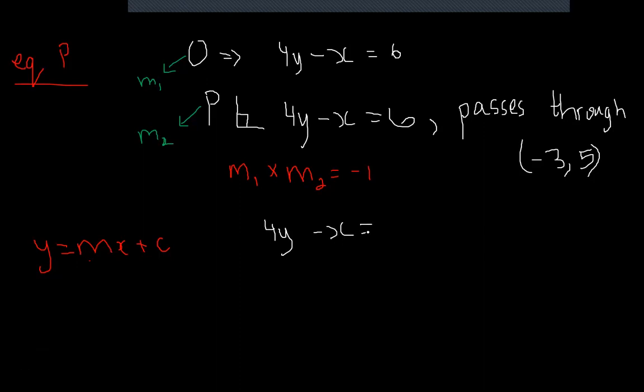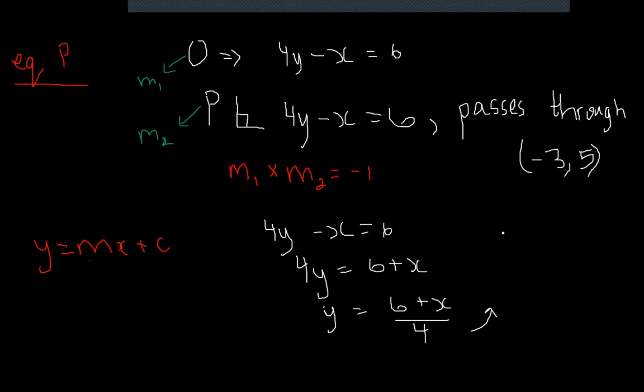4y minus x is equal to 6. So that means that for 4y, we have to add x on both sides, trying to make y the subject of the formula. So that's 6 plus x. Then we have to divide that by 4. So 6 plus x divided by 4. The single fraction can be broken up into two separate fractions.